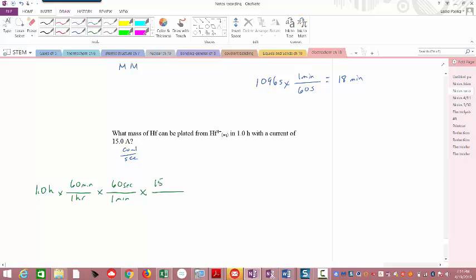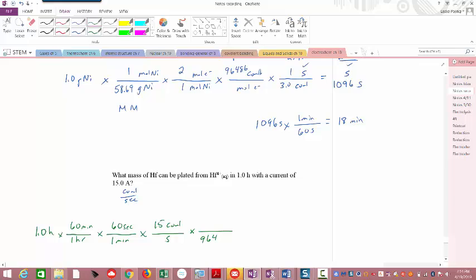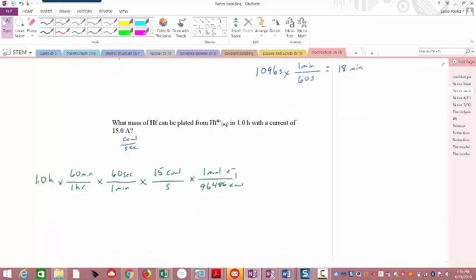And we know that we have 15 coulombs per second. We know that we have 96,486 coulombs per mole of electron. We're going to a 4 plus ion here, so we have 4 moles of electrons for every 1 mole of hafnium.